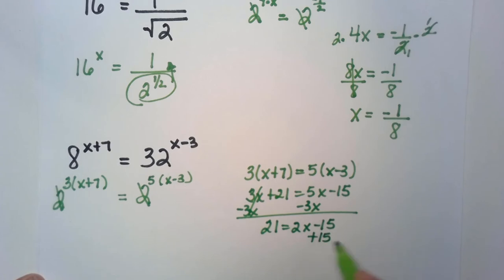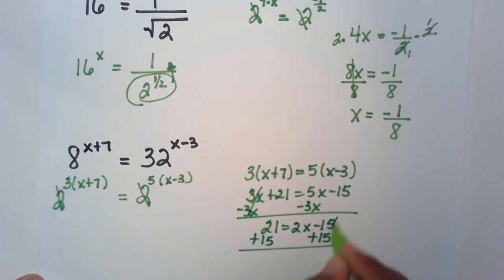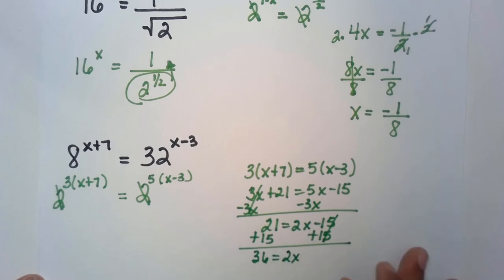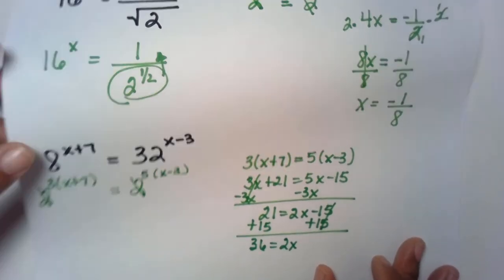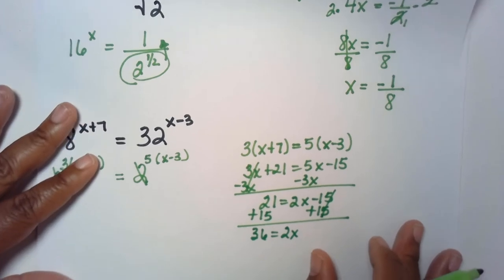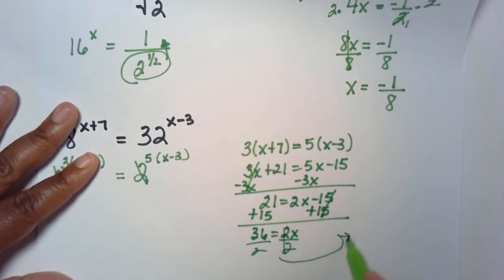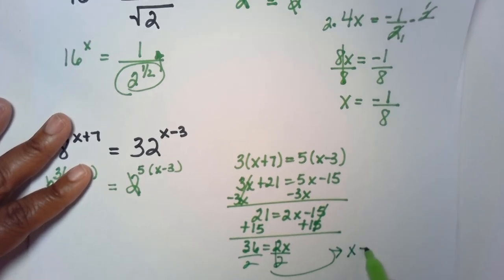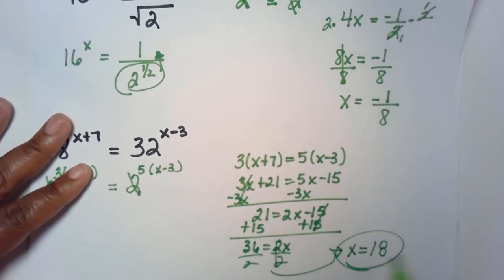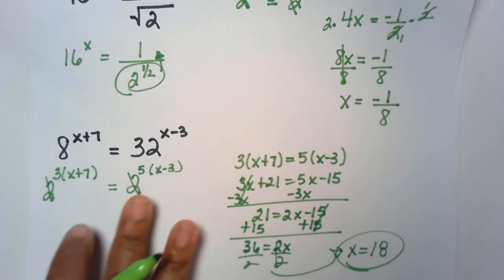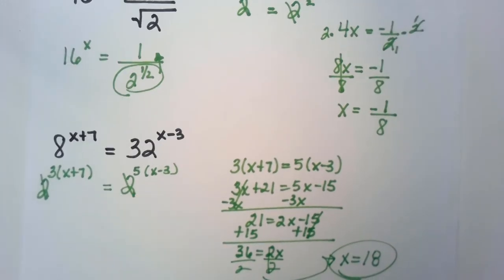Add 15 to both sides. We have 36 is equal to 2x. And then our last step, we're going to divide by 2 on each side. And we have x is equal to 18. There we go.